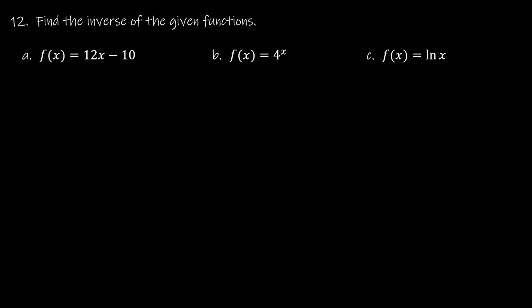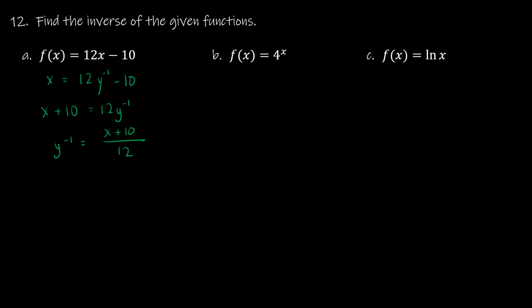Finding the inverse of functions, remember I'm simply going to replace y with x and x with y inverse and solve for y inverse. So it can be fairly simple or more complicated. So this is going to give me x plus 10 is equal to 12 y inverse. Dividing by 12 gives me y inverse is equal to x plus 10 over 12. I'm going to leave it just like that.